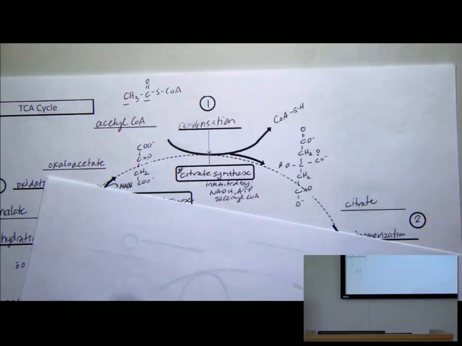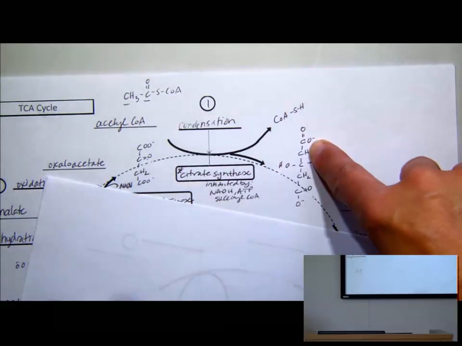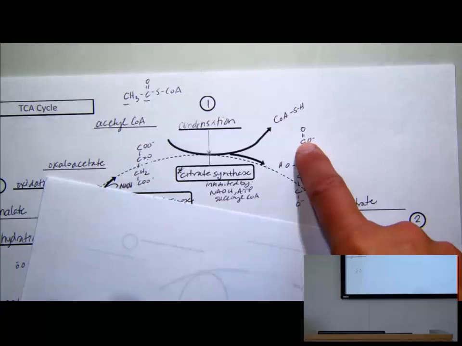4 carbons plus 2 carbons equals 6 carbon citrate. We'll see later that those 2 carbons are these up here. So, three acids and a tertiary alcohol.